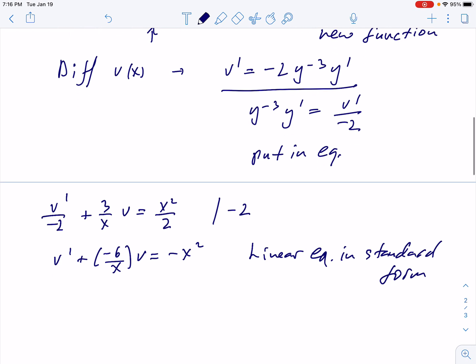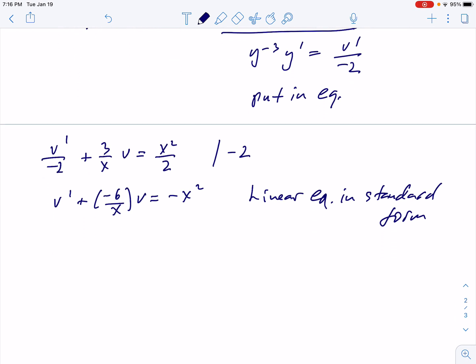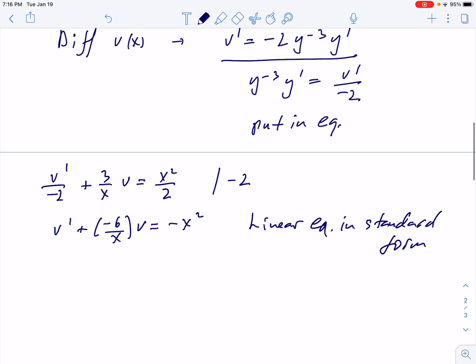Okay, we can start to solve it now. I want to emphasize that before solving a linear equation, it has to be put in standard form. Otherwise, the solution is not correct. You may get a very wrong integrating factor. Now for this equation, the integrating factor will be exponential of the integral of negative 6 over x dx, using the function here with v.